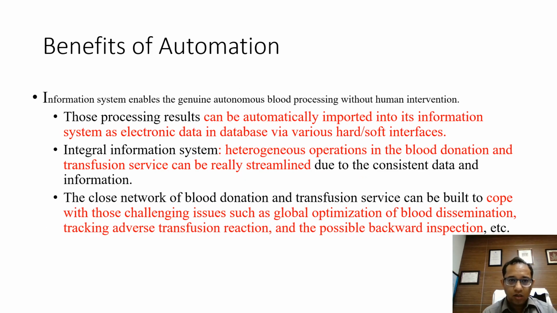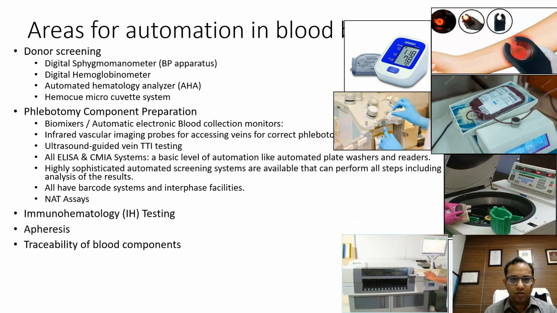What are the benefits? See, IT systems and automation really benefit because they decrease the human intervention, and the processing results can be automatically imported into the information system as electronic data. All the heterogeneous operations in the blood bank and transfusion services are really streamlined, and a closed network helps to cope with challenging issues such as global optimization of blood dissemination, tracking adverse transfusion reactions, and possible backward inspection.